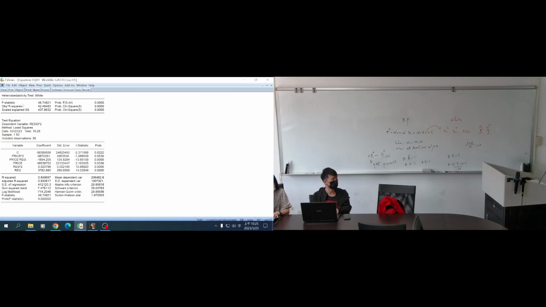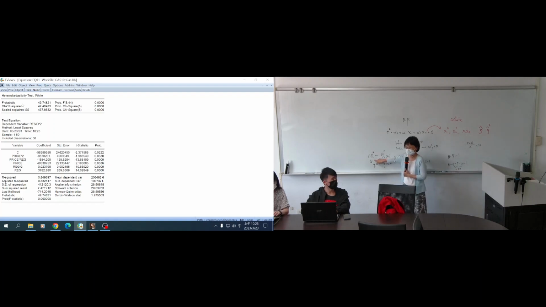Did you see that? Now I have 5. Again, looking at the second column, observations times R squared, this is our test statistic.